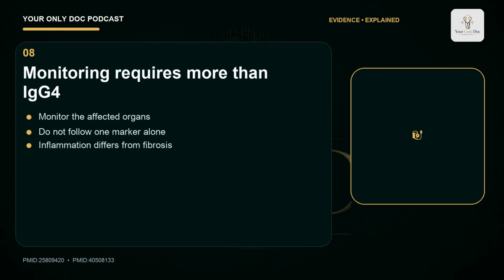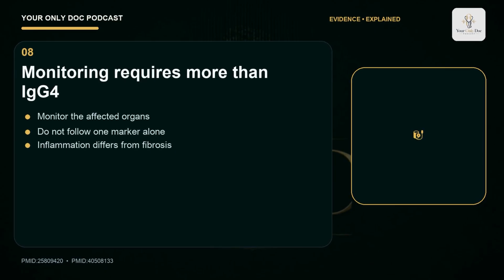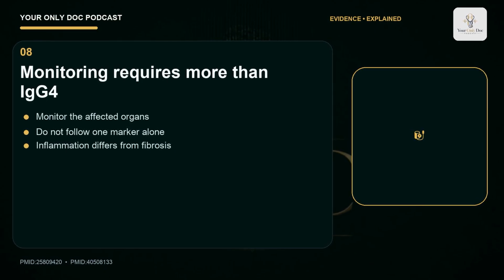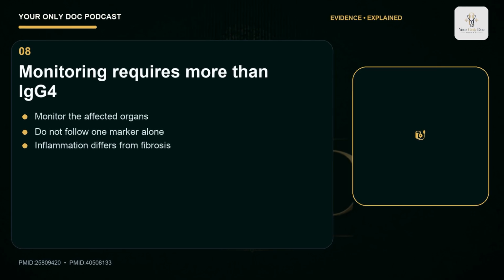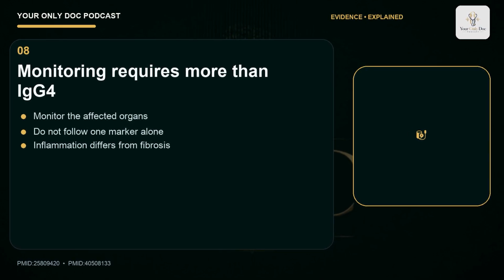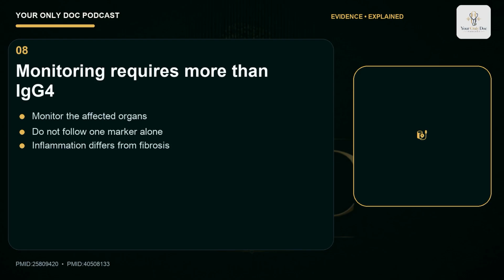Follow-up should return to the organs that were active at baseline. Symptoms, examination, organ function tests, and imaging may all be needed. Serum IgG4 trends can help in some patients, but the value is an imperfect activity marker and should not be followed in isolation.